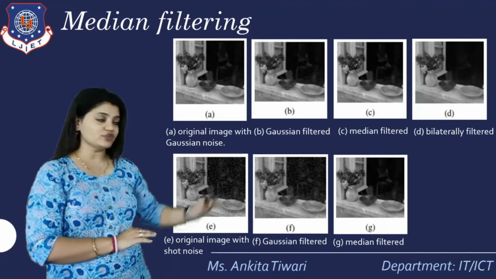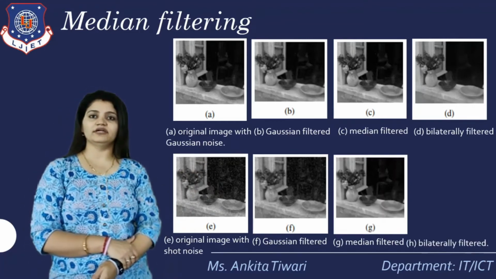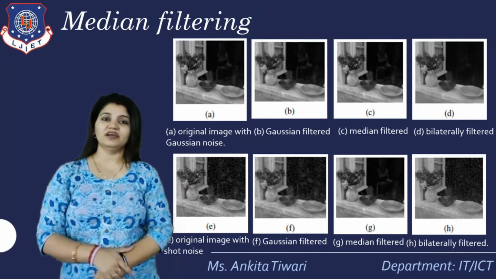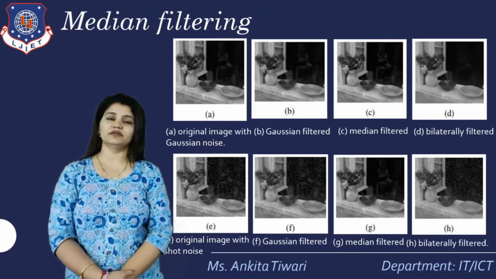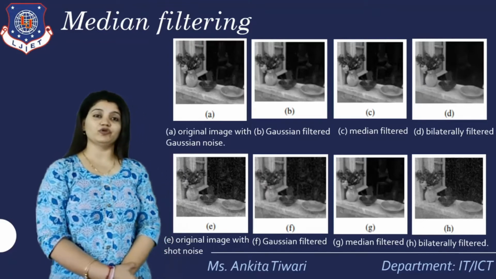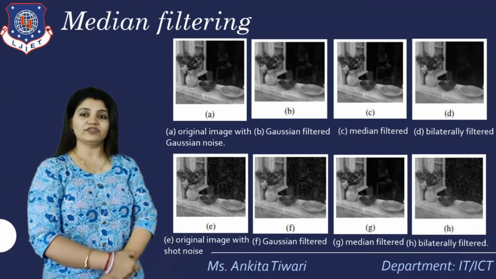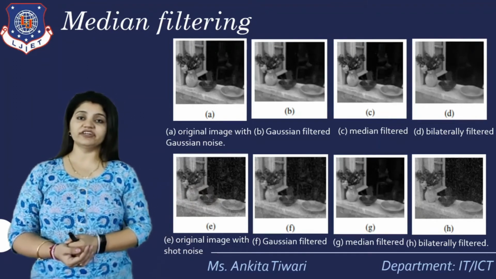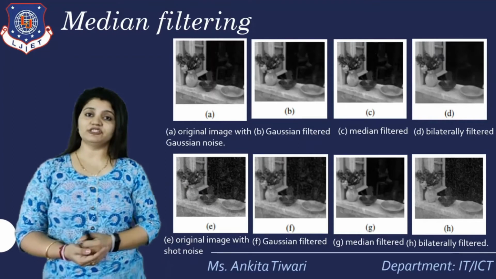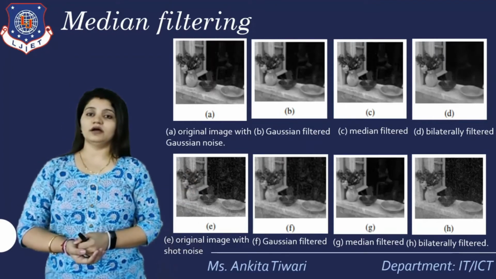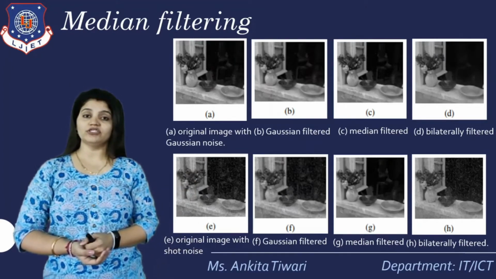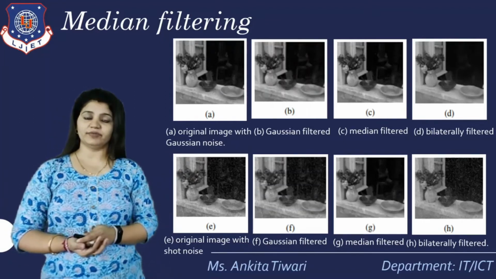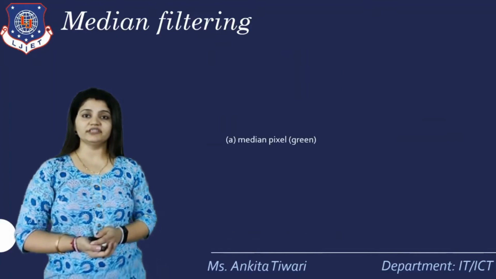In median filtering, you can see a more accurate result, and with the bilateral filter the noise is affected at each and every portion of the image. At some positions the median filter works very nicely, for particular shot noise it is very good, but in other cases it is not preferable. So these are the different filtering processes.